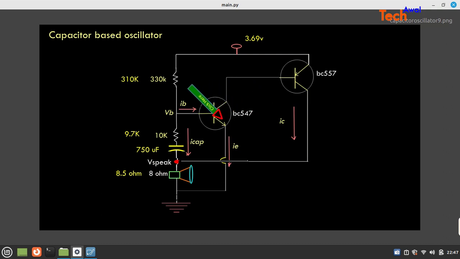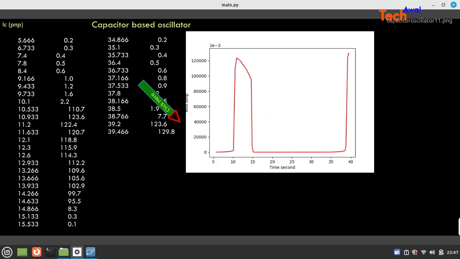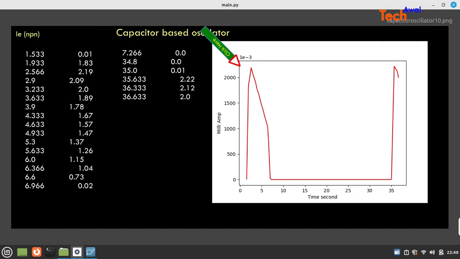When it becomes active, the resistance of this junction, the diode junction, is very low, and the capacitor is discharging. So it is a kind of dilemma: the circuit is becoming active, but at the same time the capacitor is discharging through the base emitter diode junction. The current is decreasing, so the transistor becomes active, but in parallel the capacitor is discharging.